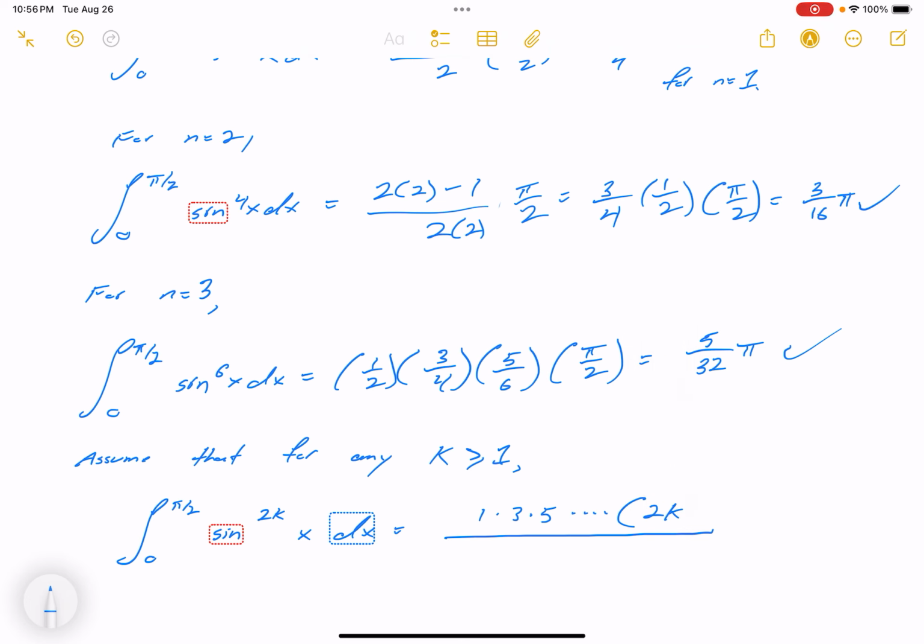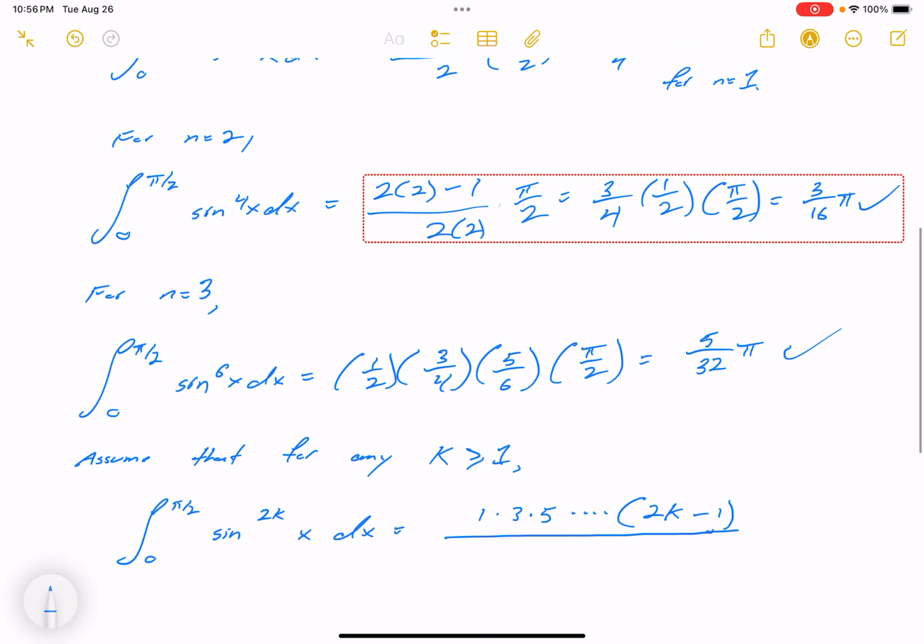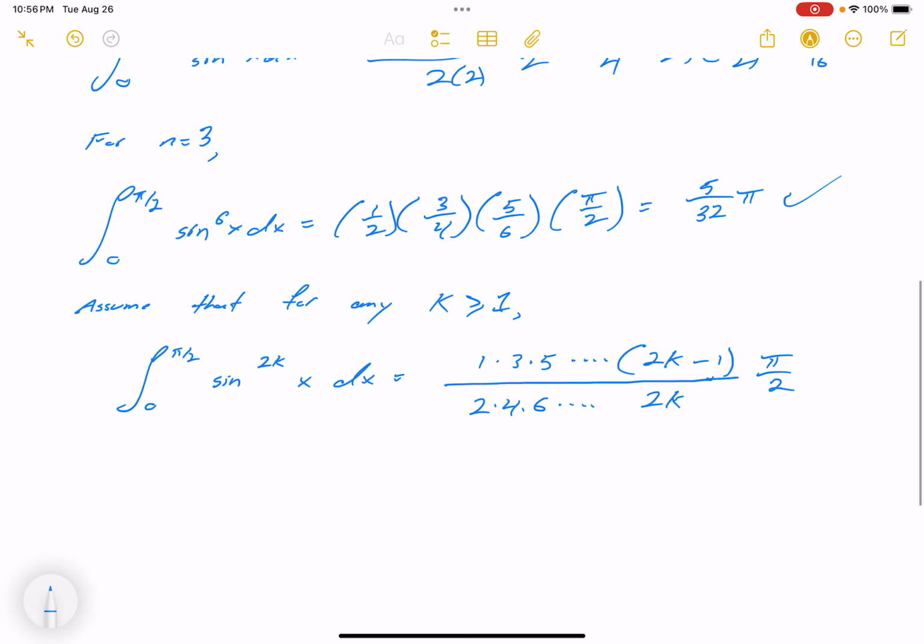Remember, you are going to substitute your n for a k. K is going to be any integer. This is going to be our assumption. We're going to have to assume that this is true and go ahead and support it. Assume that this statement is true.